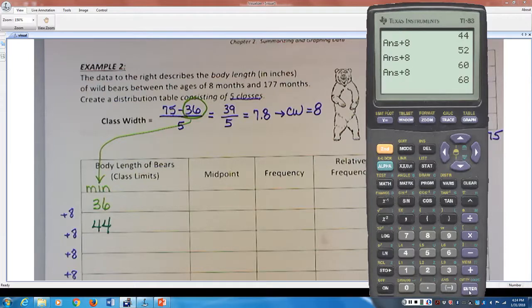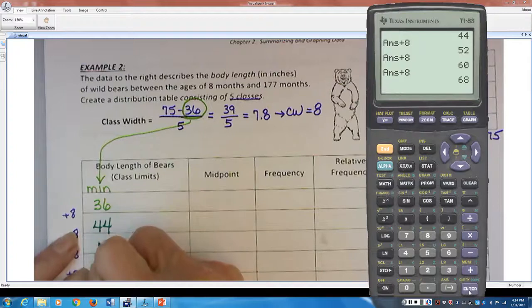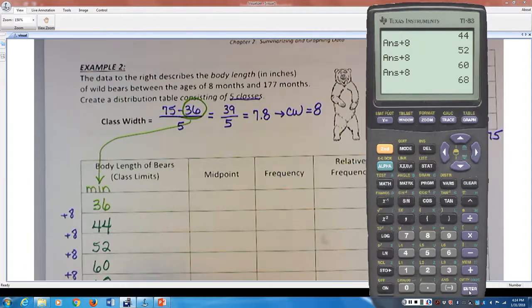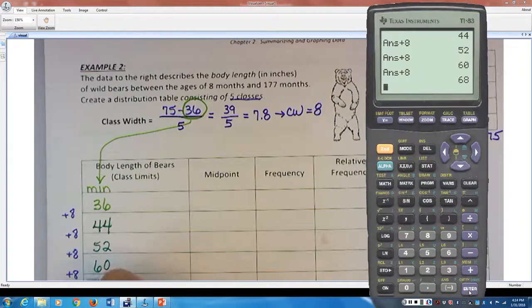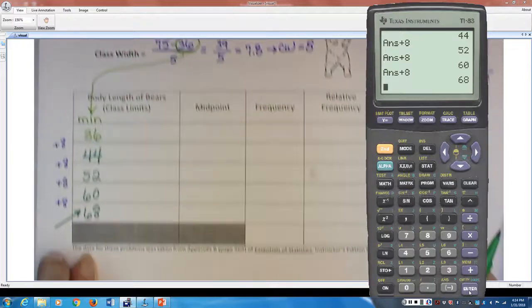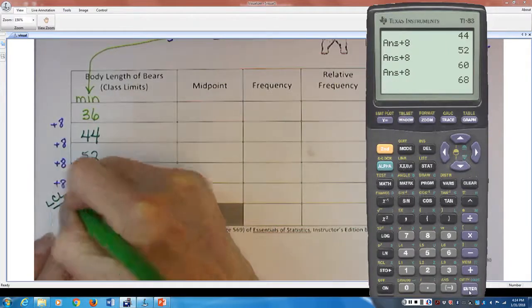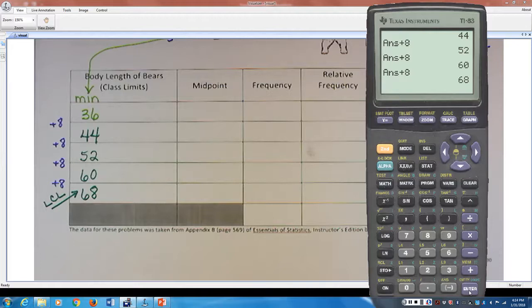Remember, you keep adding 8 every time. So 44 plus 8 is 52. 52 plus 8 is 60, and 60 plus 8 is 68. So these are what are called your lower class limits. Collectively, those are your lower class limits. Okay?